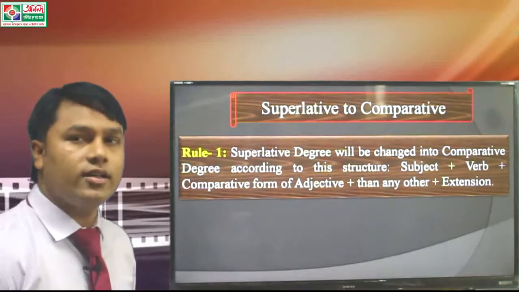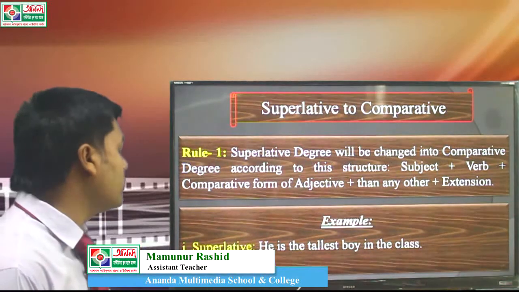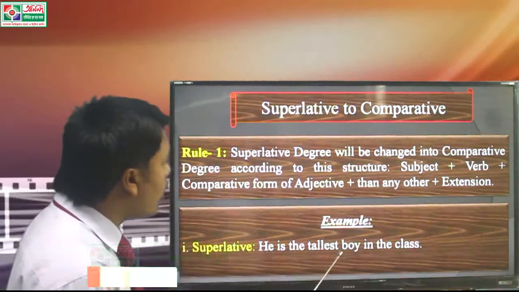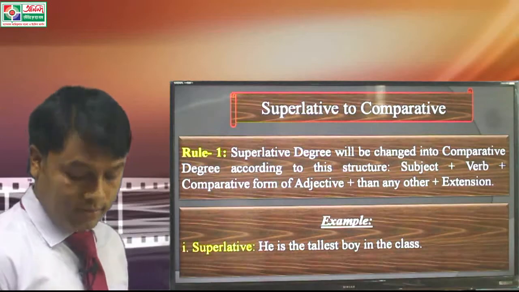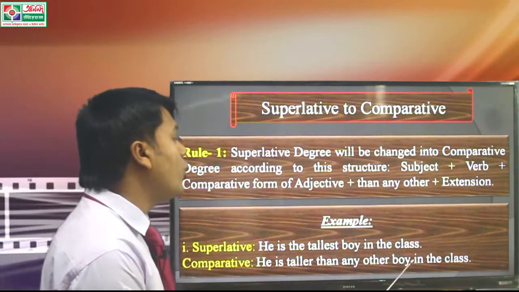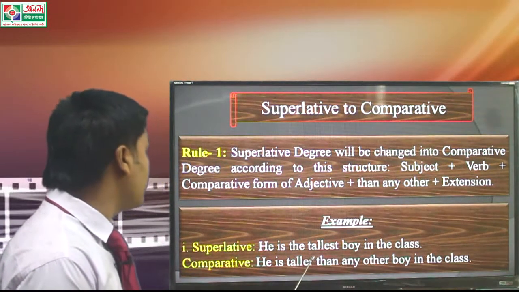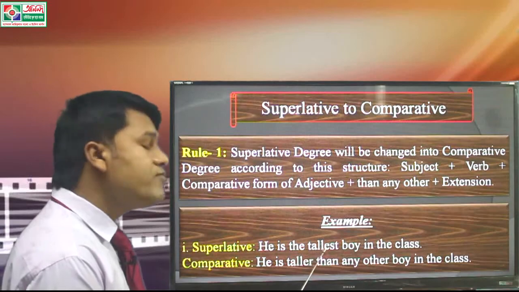Superlative, for example number 1: He is the tallest boy in the class. Comparative: He is taller than any other boy in the class. Here, taller is the comparative form of tallest.